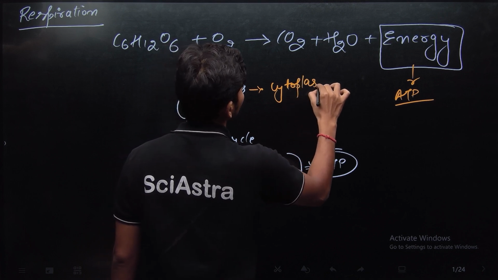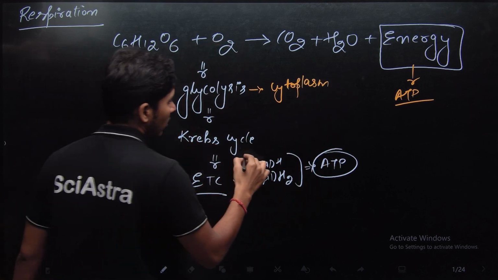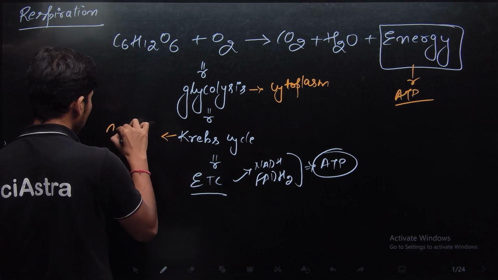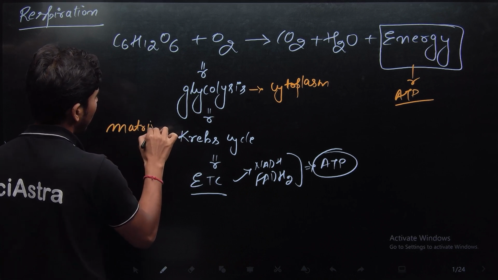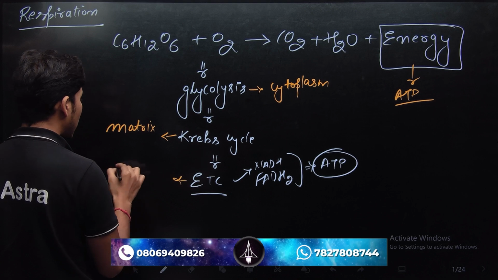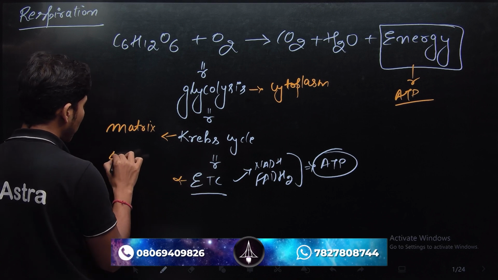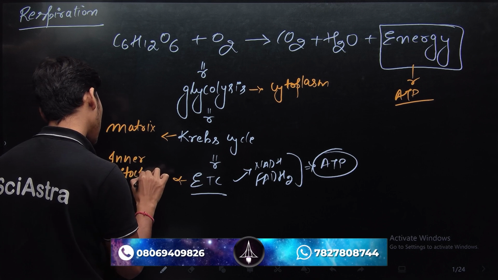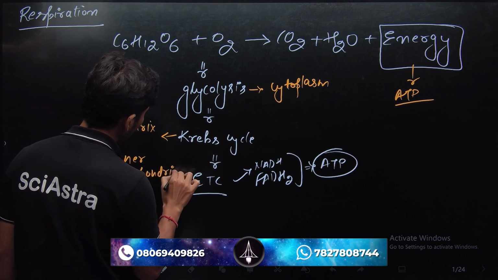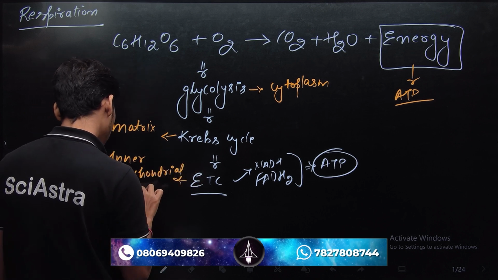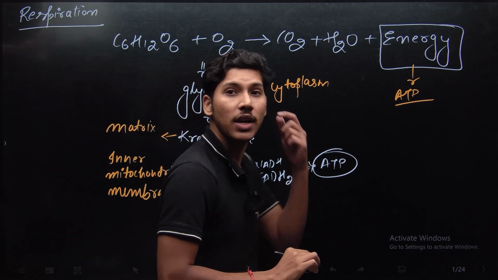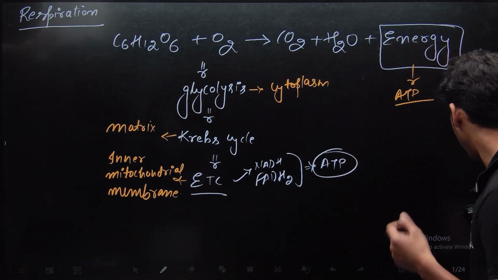Then this pyruvate is transferred to the mitochondrial matrix where it undergoes Krebs cycle, and then the electron transport chain happens in the inner mitochondrial membrane to produce ATP.